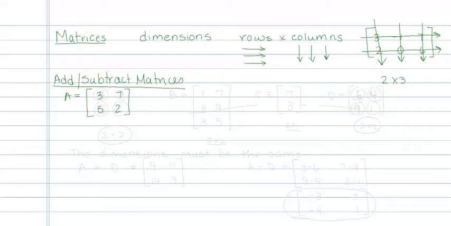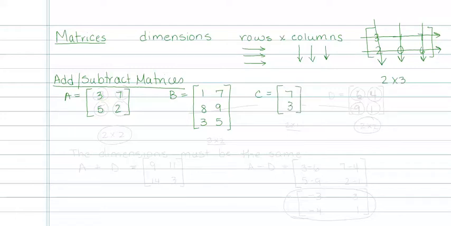We'll work with matrix B, which is 1, 7, 8, 9, 3, 5. And we'll also work with matrix C, which is 7, 3.